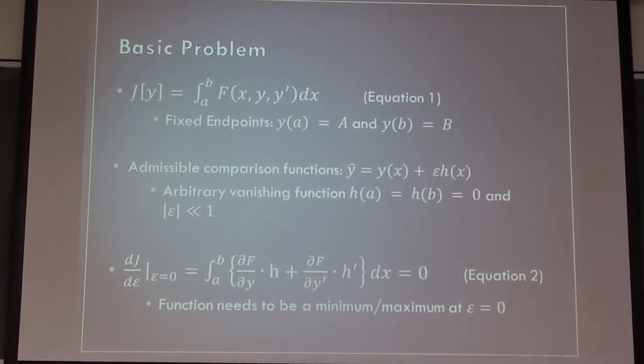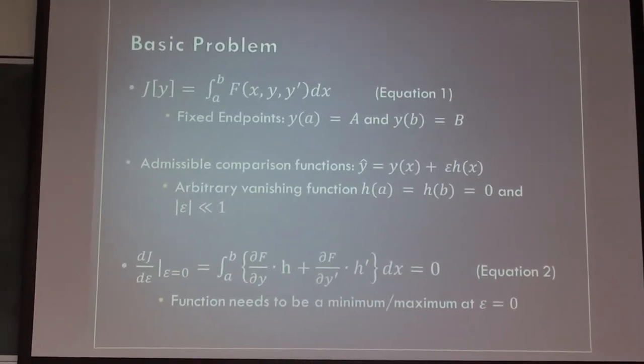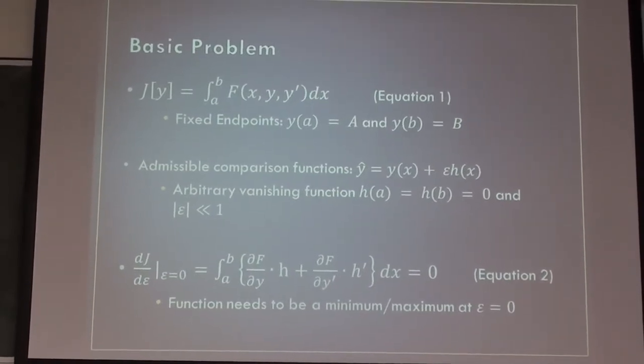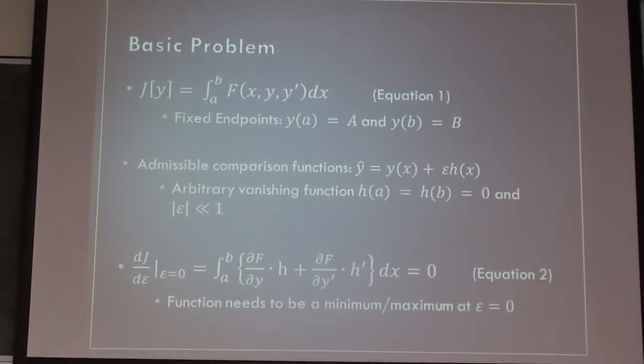Now, in order to find a maximum or minimum for J, we have to look at a set of admissible comparison functions, y plus epsilon h.